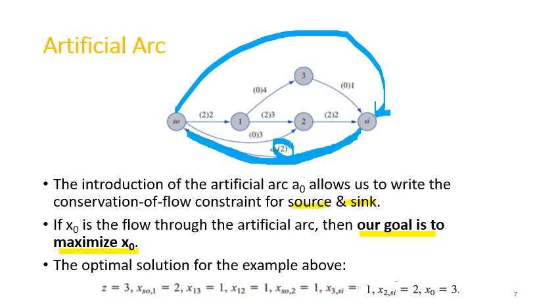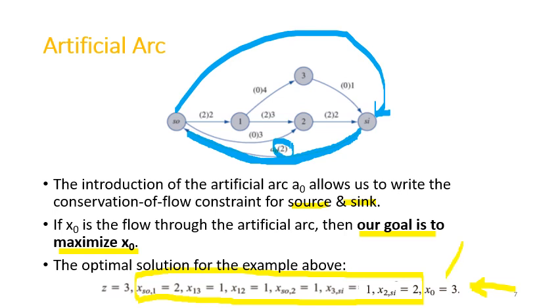In the previous slide, we had the feasible solution for the problem. And then here we have the optimal solution for the problem. If you look at these variables, each of them shows how much oil flows through every single arc in the network.